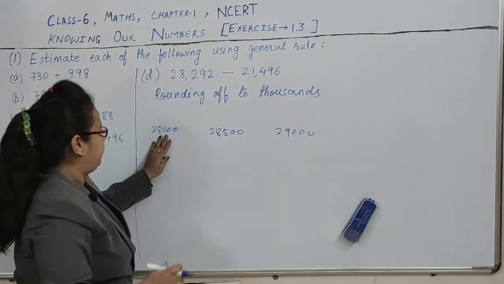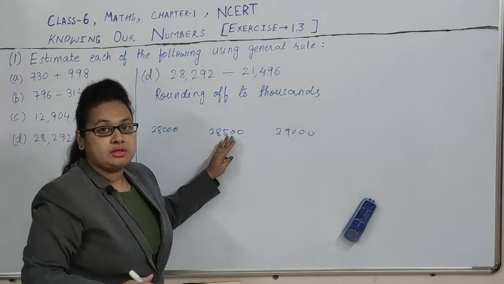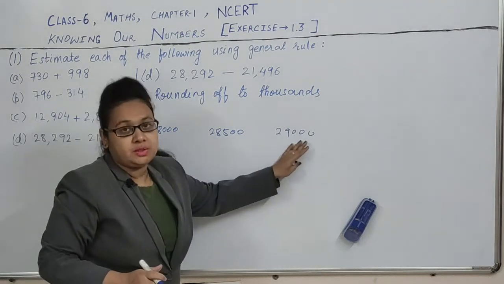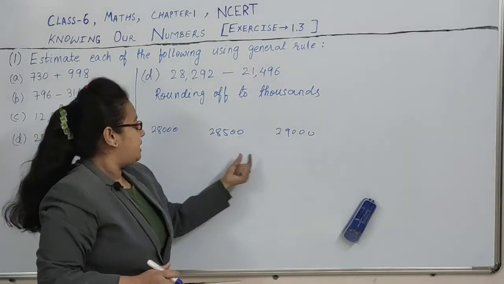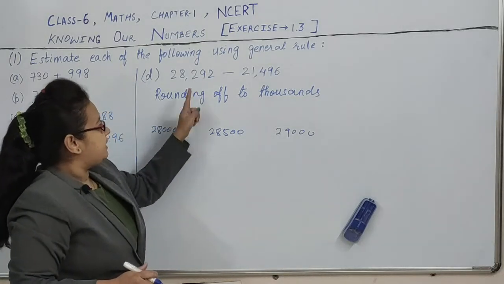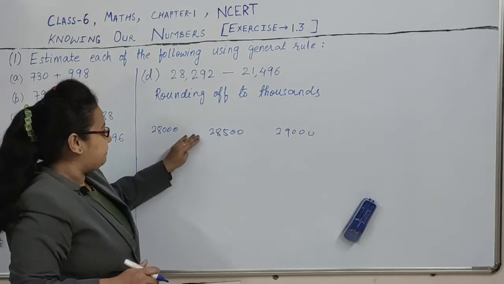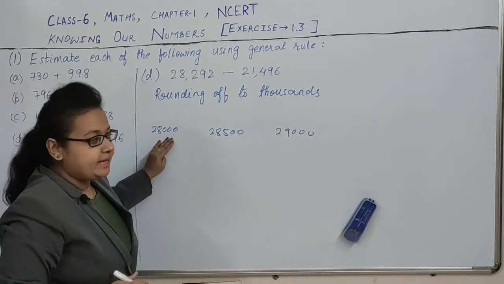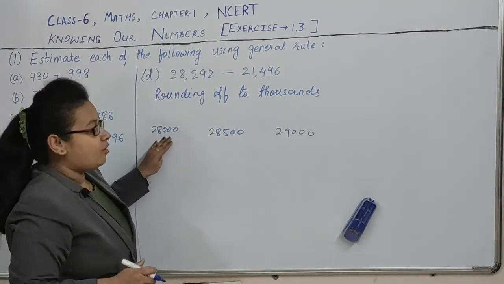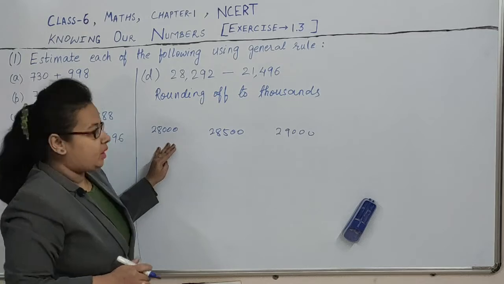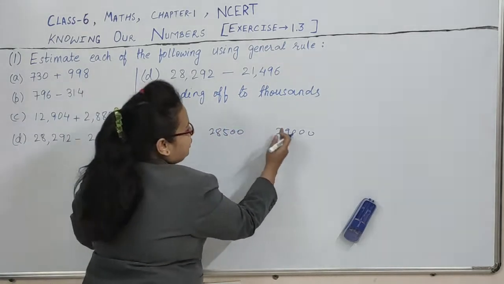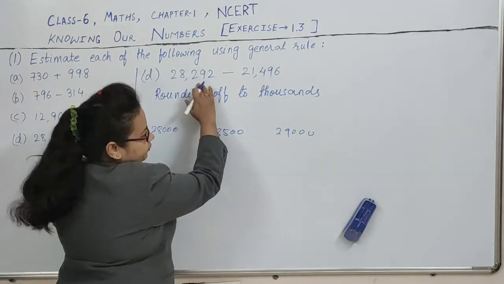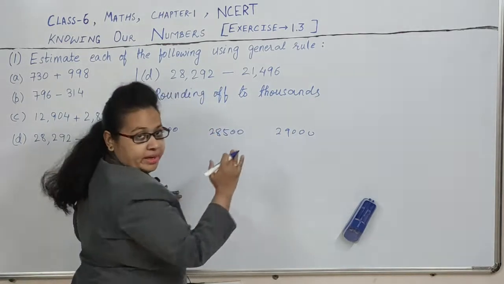If it were closer to 29,000, then it would be rounded off to 29,000.